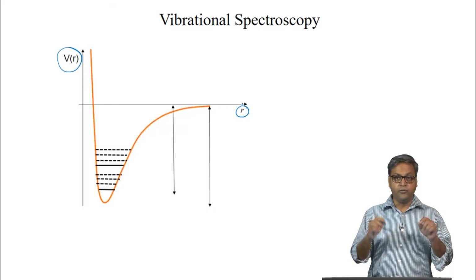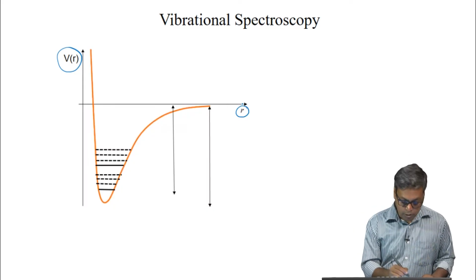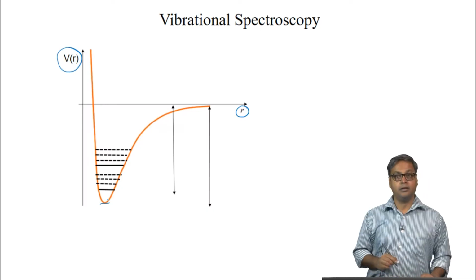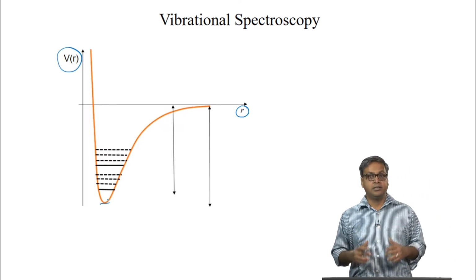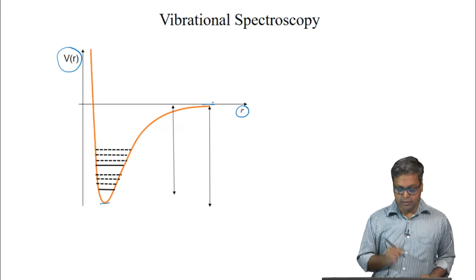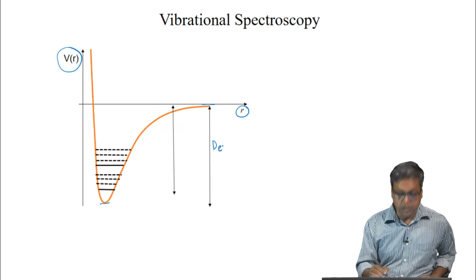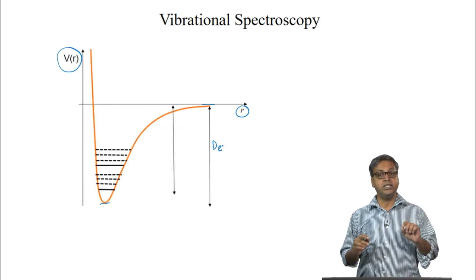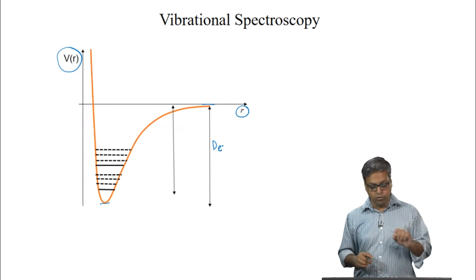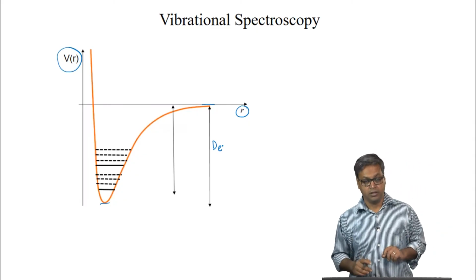The difference in energy between the bottom of this potential well and the dissociation limit, this energy level, is the dissociation energy given by D_e. This is also known as the equilibrium dissociation energy.